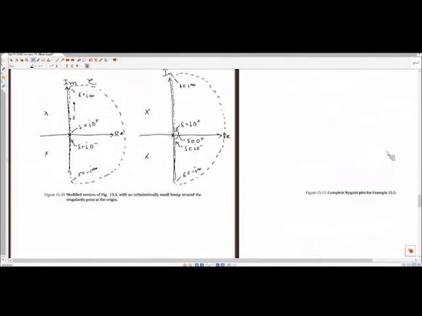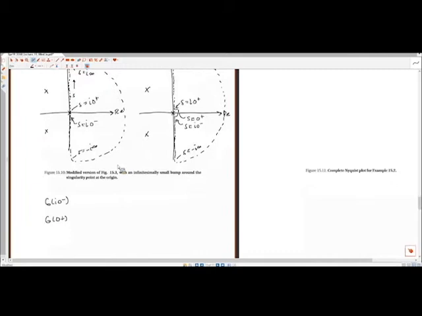All right. So what we're trying to understand is this transition as we go from evaluating G(i0 to the left), to G(0 to the right), to G(i0 to the right).